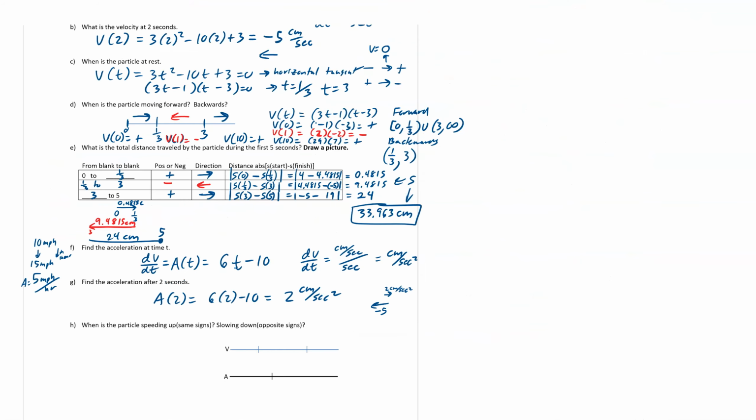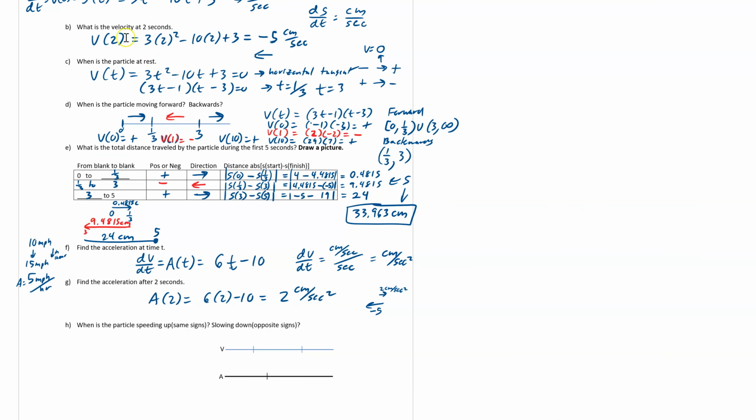At 2 seconds, its velocity was negative, so it's moving to the left, but our acceleration means it's moving to the right. So even though it says 2 centimeters per second squared, our particle is actually slowing down, because what's negative 5 plus 2? It's negative 3. So we're getting an approximation that it'll be 3 centimeters per second to the left 1 second later.